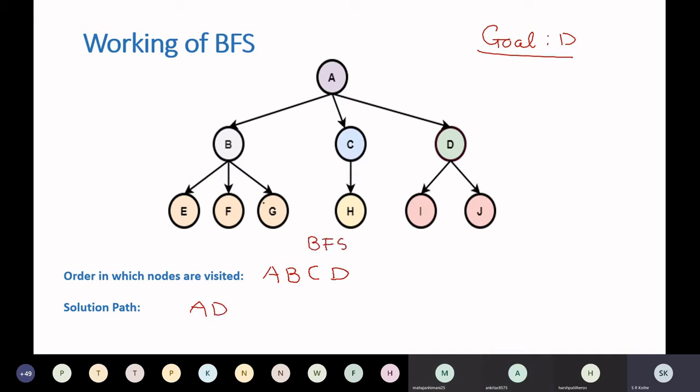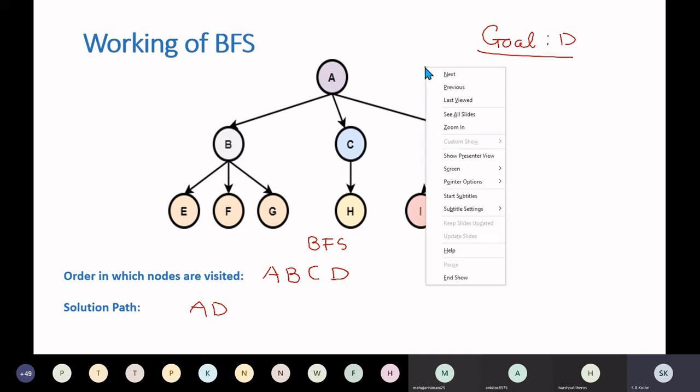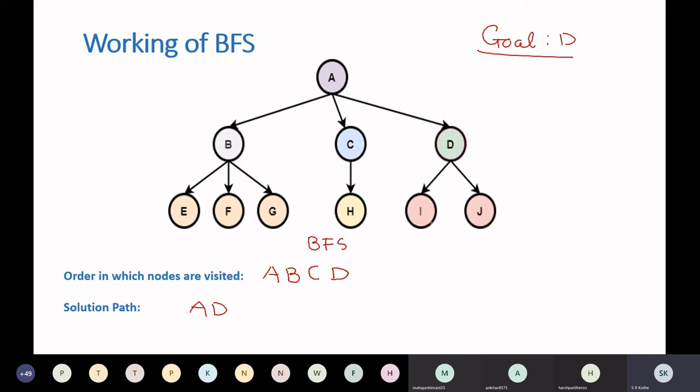Had it been the case of depth first search, the earlier algorithm for the same goal, in case of DFS now, the order is A, B, E, F, G, C, H, D. Right, H, D, correct.